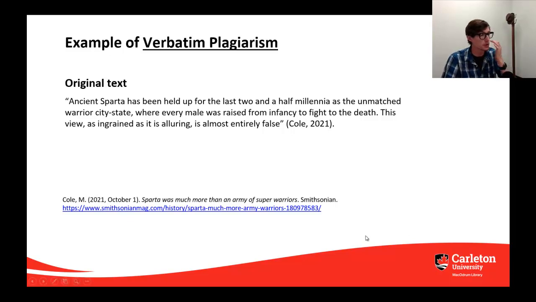So we can see here, this is the original text. Ancient Sparta has been held up for the last 2.5 millennia as the unmatched warrior city-state where every male was raised from infancy to fight to the death. This view, as ingrained as it is alluring, is almost entirely false. And there's the original citation there that I've included.